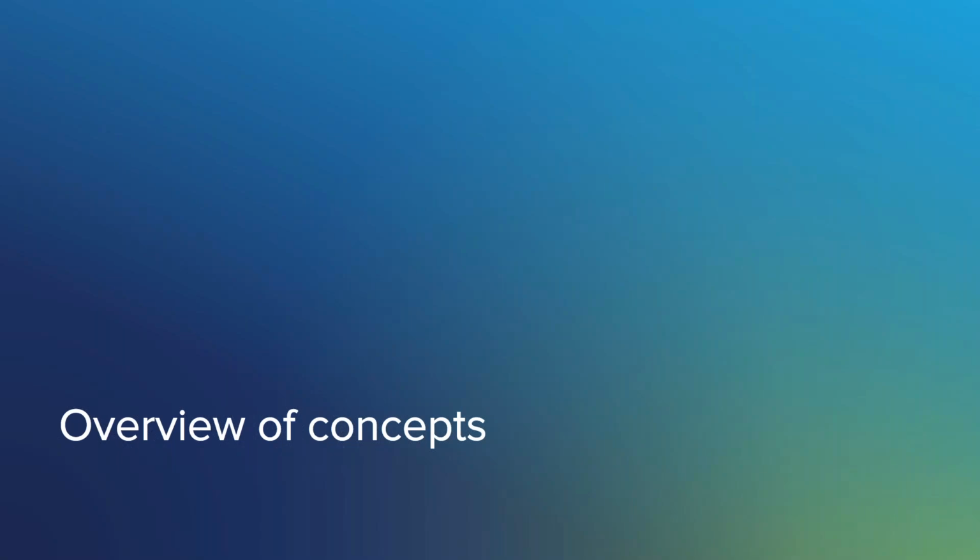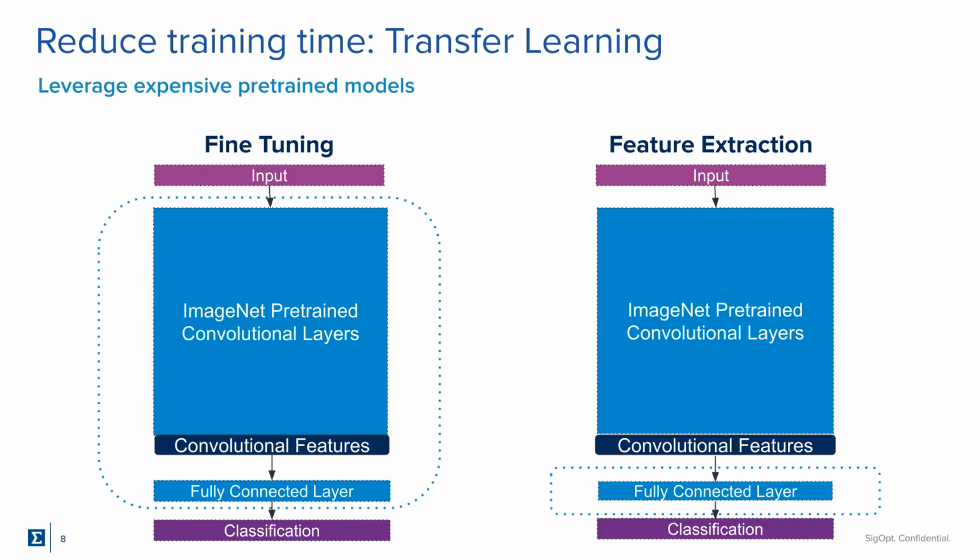So before we jump into our use case, let's just take a look at an overview of these concepts to make sure we're all on the same page. So we'll be leveraging transfer learning. There are many ways to do transfer learning, and today we'll focus on fine-tuning and feature extraction.